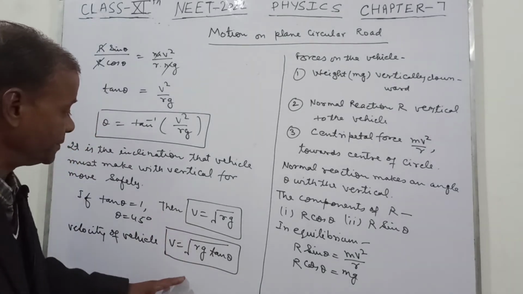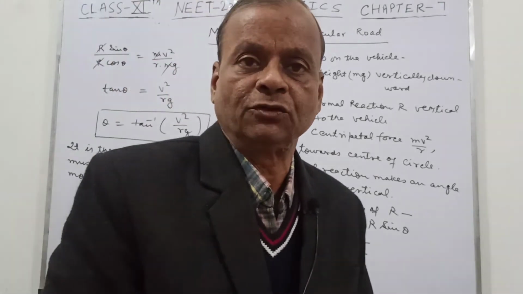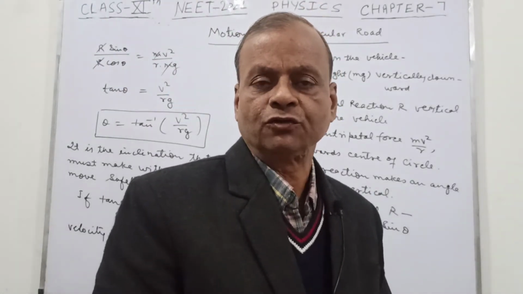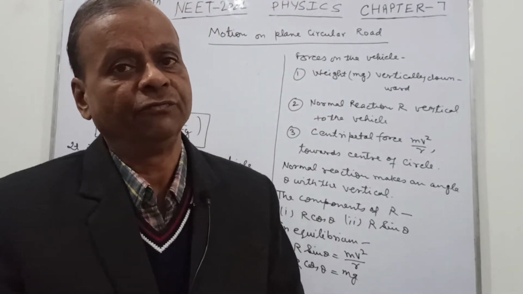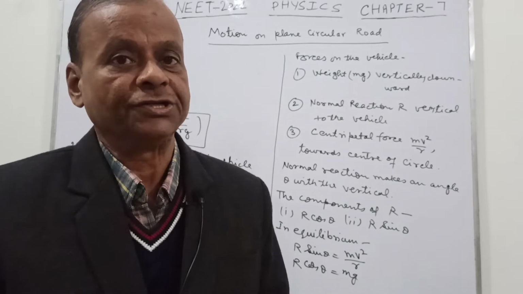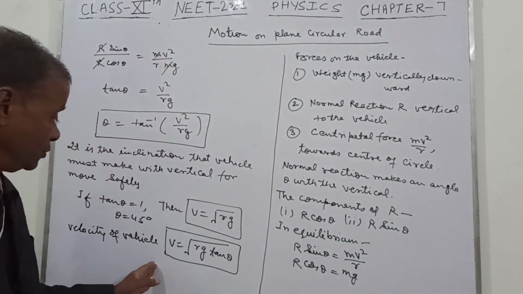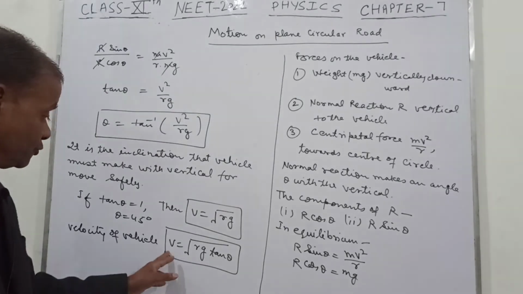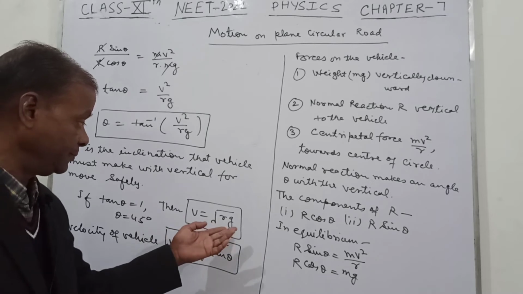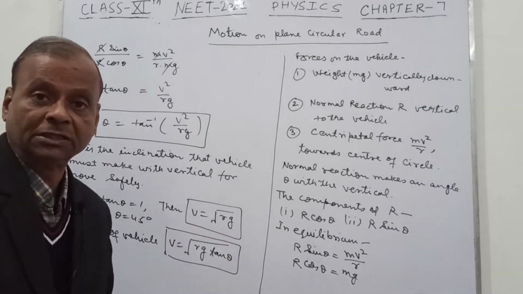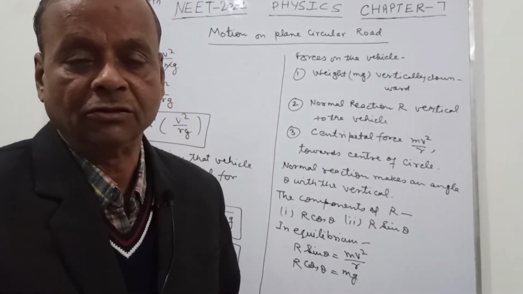Here we have considered the road to be plane, with no banking in the road, and also no friction between the vehicle and the road. So the road is taken to be perfectly smooth. Only in that case do we have this velocity, and the velocity should not exceed this value, because otherwise the vehicle will skid off the road.